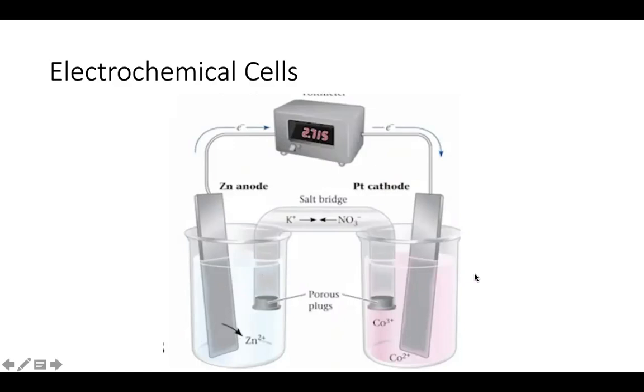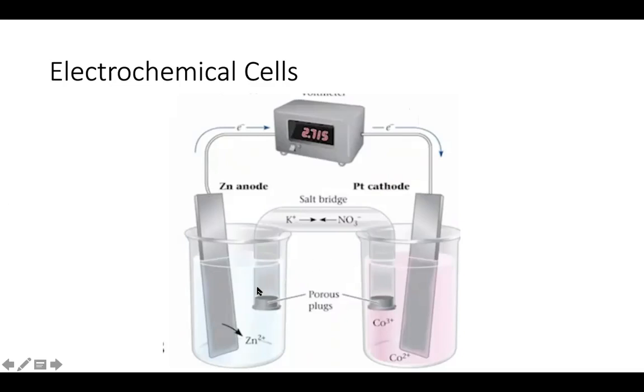Okay, so you can often think of it as two jars. And between these, you'll typically have two metal bars, one in each. Okay, and they'll be connected by a metal wire. This metal wire is going to allow electrons to move from our anode to our cathode. Okay, electrons will always move from the anode to the cathode.